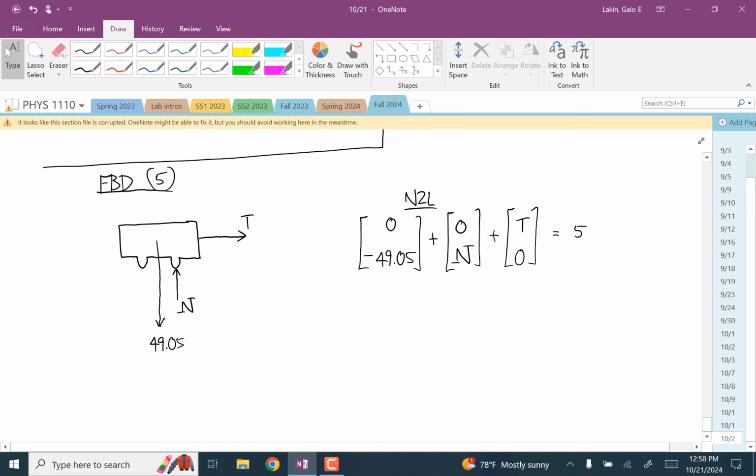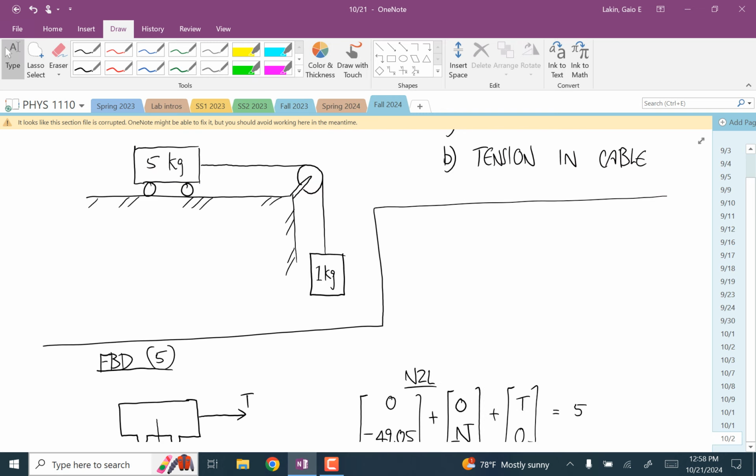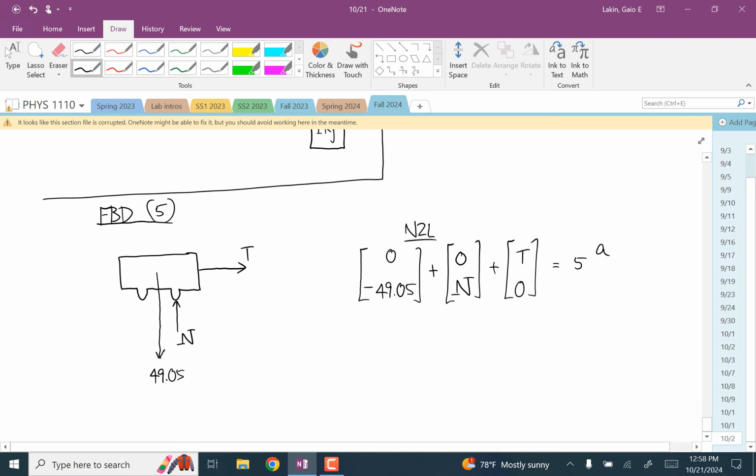And now, does this thing move along its x-axis or y-axis? X, and so I'll do this as A0.